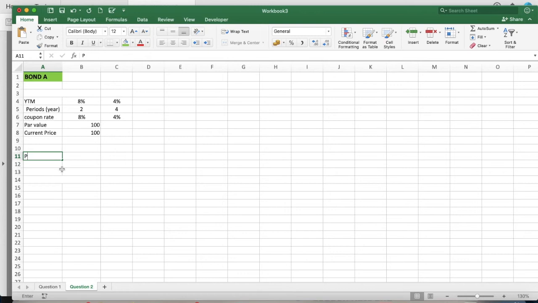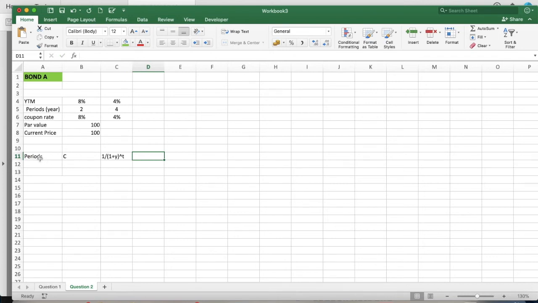We'll start with the periods, then we have the coupon payment, then we have the present value factor, which is 1 divided by 1 plus y, power the period, right?